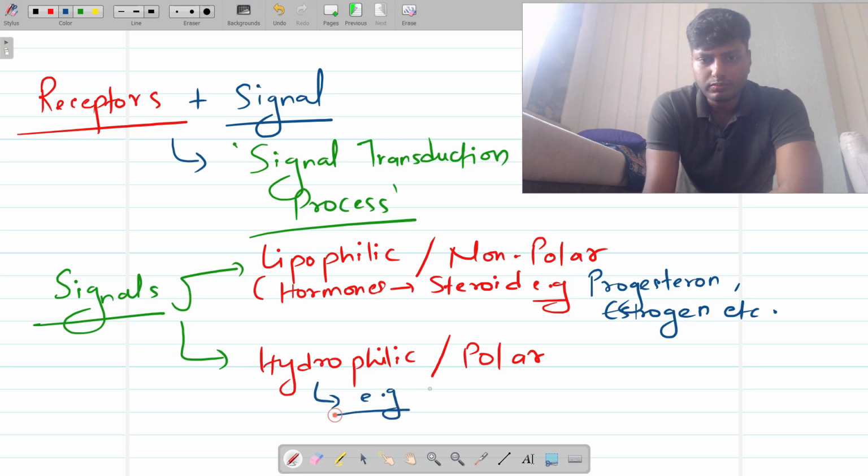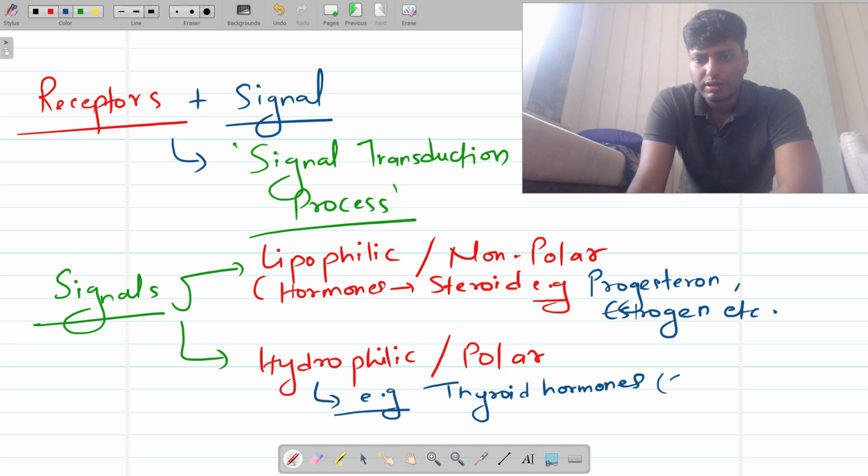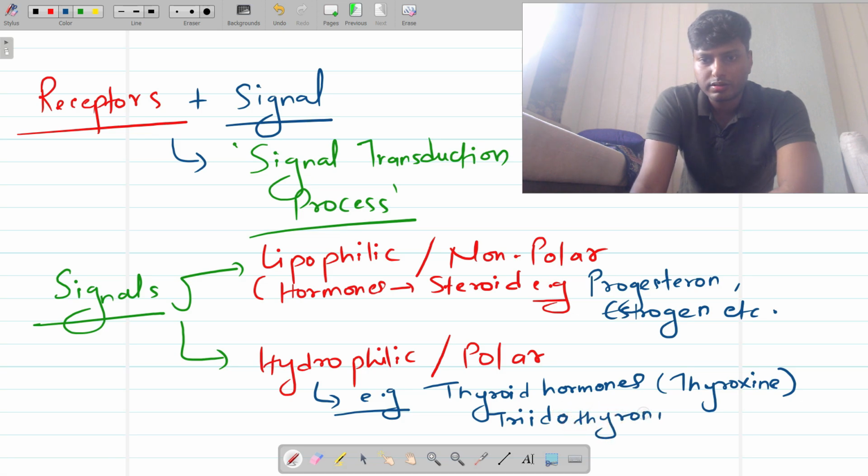At the same time, when we talk about hydrophilic or polar signals, the examples are certain hormones like thyroid hormones, such as thyroxine, which is tetraiodothyronine, or even triiodothyronine. So now we know that the signals are either of lipophilic nature or of hydrophilic or polar nature.